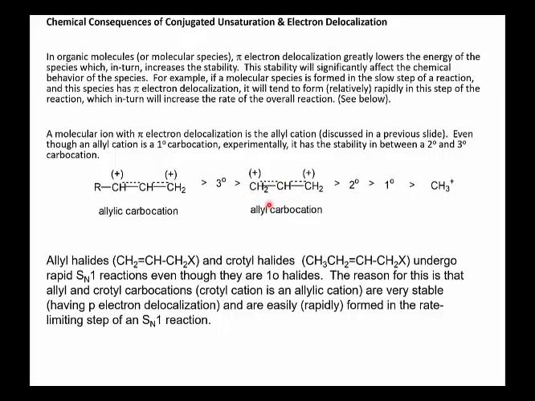Now, most commonly, the carbon groups are alkyl groups, ethyl, methyl, propyl, and so forth. If you have that type of carbocation with one or more carbon groups attached accordingly, that's called an allylic carbocation.